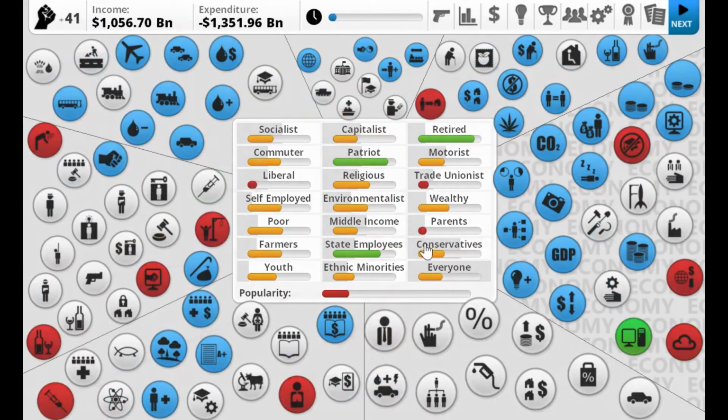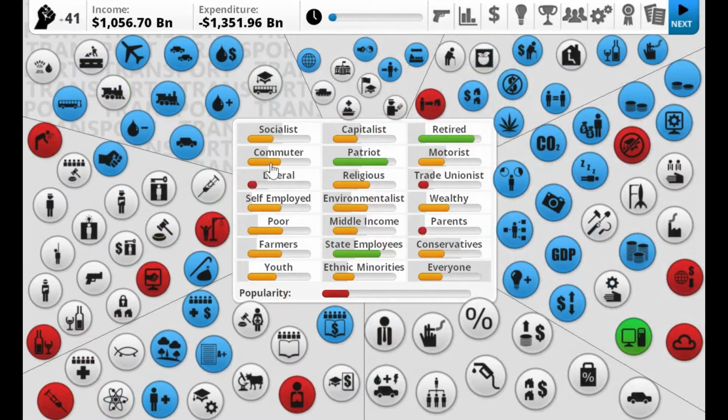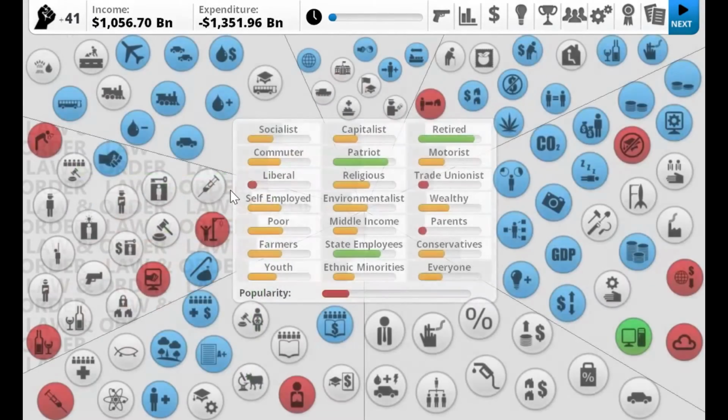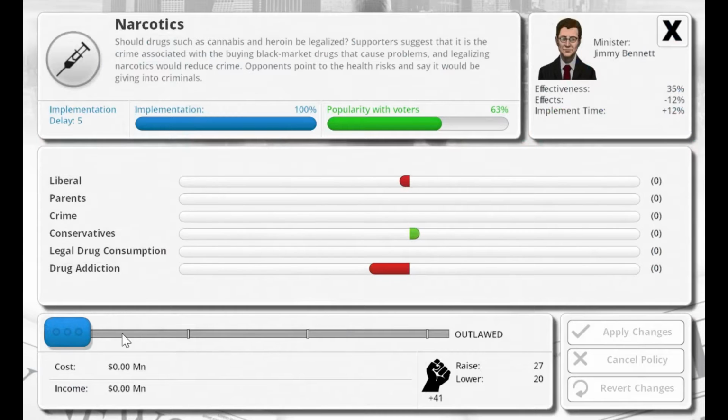Okay, so let's start playing around with this. First off, the liberals hate us, so let's make narcotics. This is how you do it, right? Ooh, but if I do that, that'll only help a little, though.